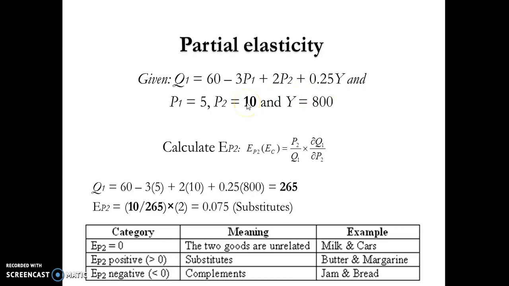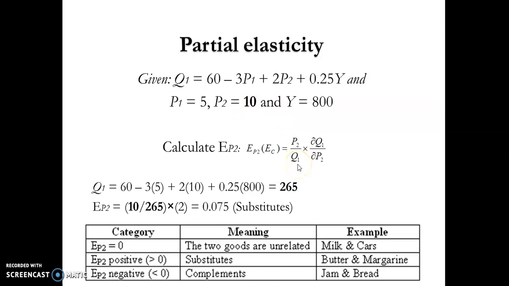So therefore, remember the formula was given for EC for your cross price elasticity as the price of the related good over the quantity of the other good times the first order partial derivative of our function with respect to the price of the related goods. So we know that P2 was 10.